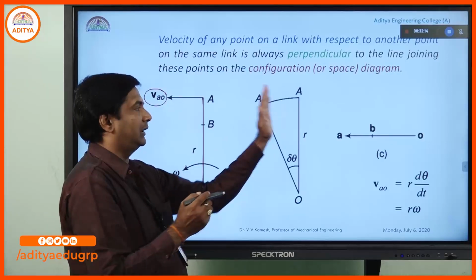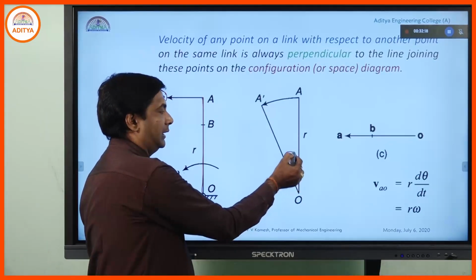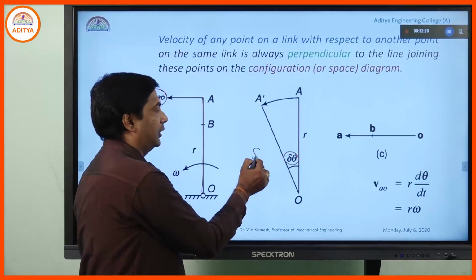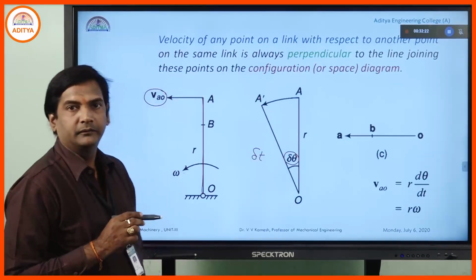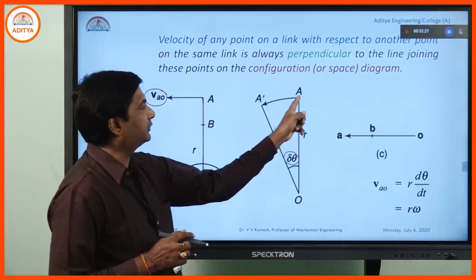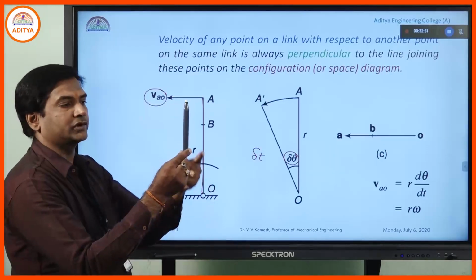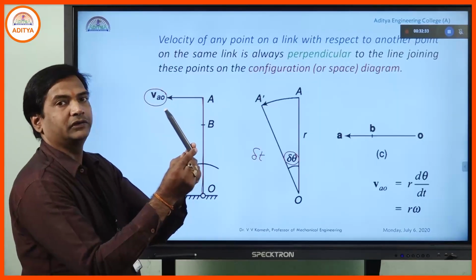If it moves to the left side a small angular distance delta theta in a small time delta t, then from the diagram, how much distance is travelled? It is AA1. This is the initial position and this is the second position.